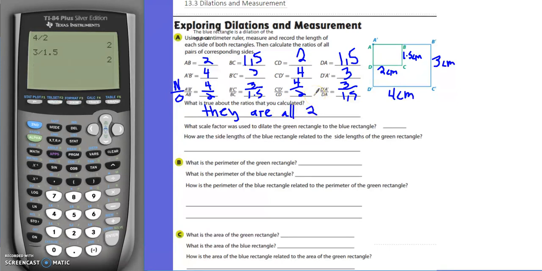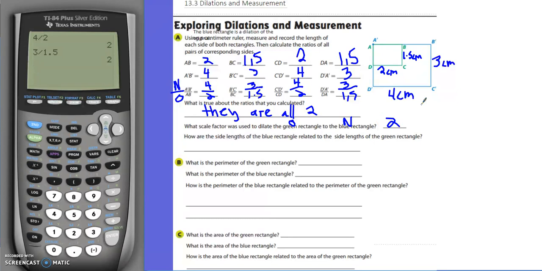What scale factor was used to dilate the green rectangle? Well, you can't tell because yours is black and white, but the green rectangle was the original to the blue. So the scale factor was 2.